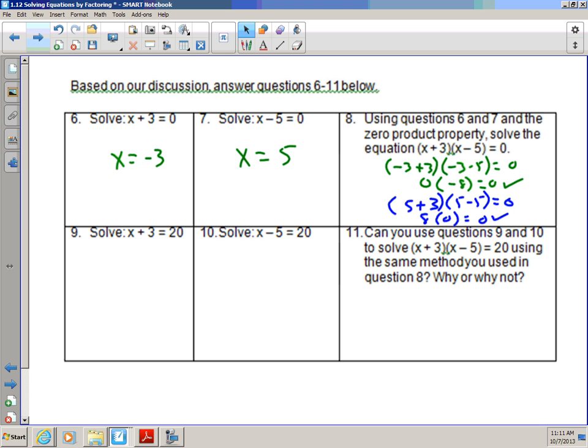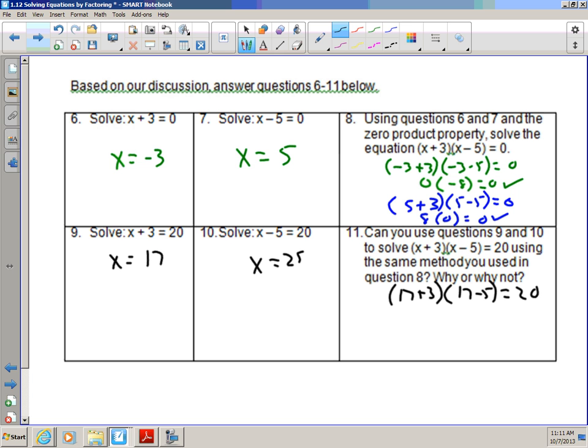Even though one of the parentheses in each case didn't come out to a 0, as long as one of them does, that works. Now, contrast that with the two equations that I've changed, not equal to 0, but equal to 20. You'll see I get 17 here, and I get 25 here. But if I were to put 17 in for x, does that product equal 20?